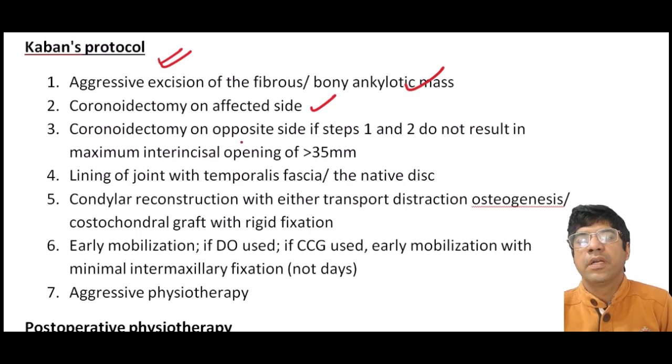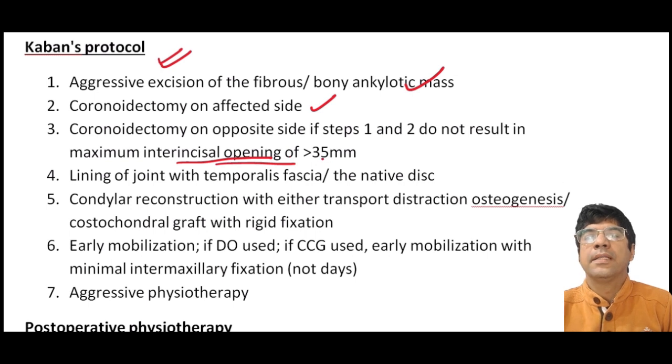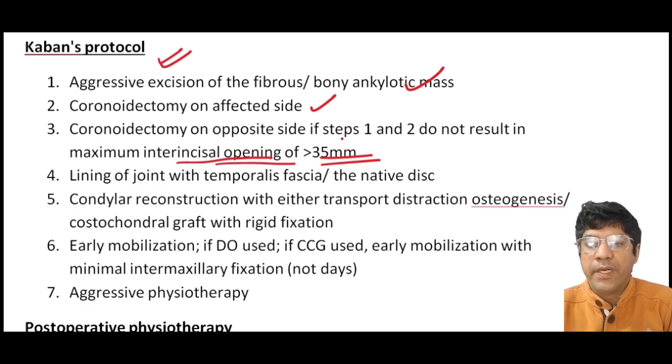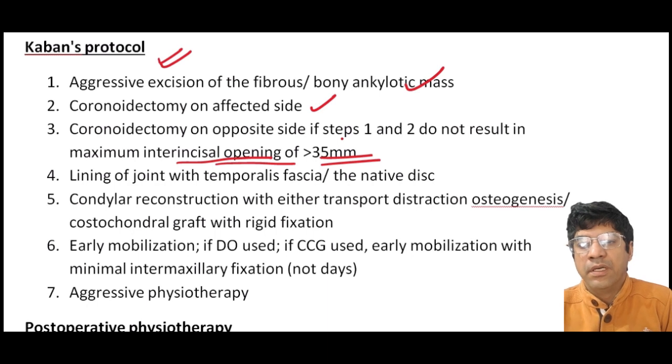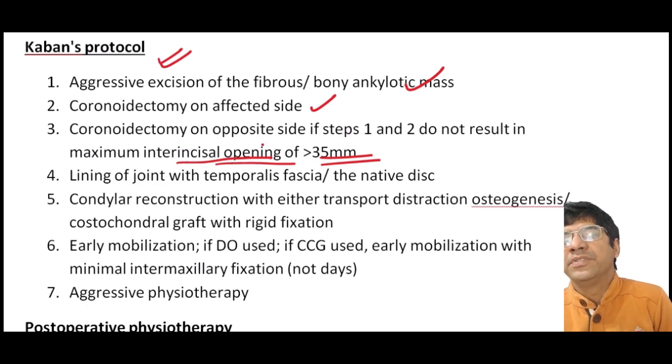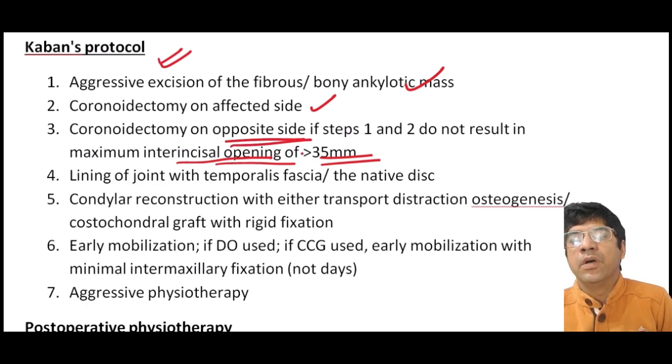The third is coronoidectomy on the opposite side if steps 1 and 2 do not result in maximum interincisal opening greater than 35 mm. So if the previous steps don't achieve the desired improvement in jaw movement, opening of more than 35 mm, a similar procedure is done on the opposite side.